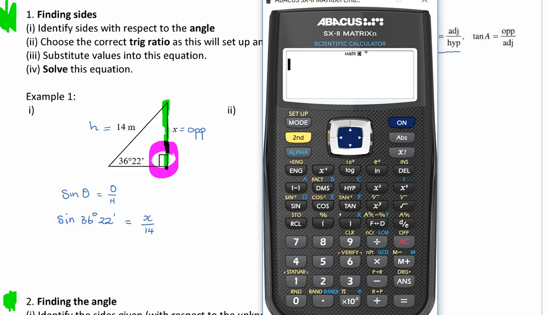So we can see that the sine of 36 degrees, and degrees, minutes and seconds we access using this DMS, 22 minutes, we can close the bracket off there, is equal to 0.5929, etc. I'm going to write that number in.